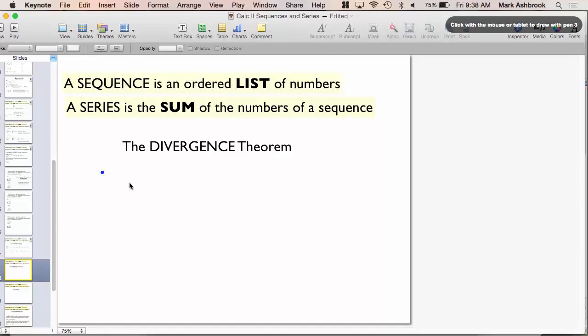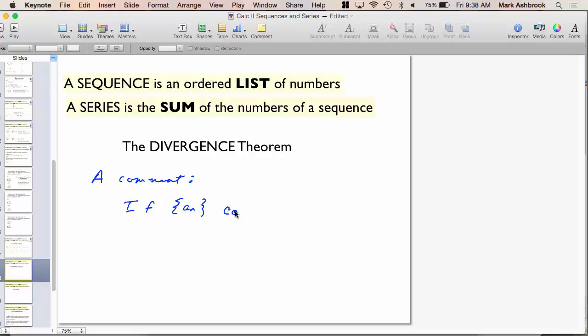Just, so a follow-up comment to the divergence theorem. If the sequence converges to 0, then what can you say about the sum? Tell the person next to you. If the sequence converges to 0, what can you say about the sum of the terms of that sequence? What could you say? Go.